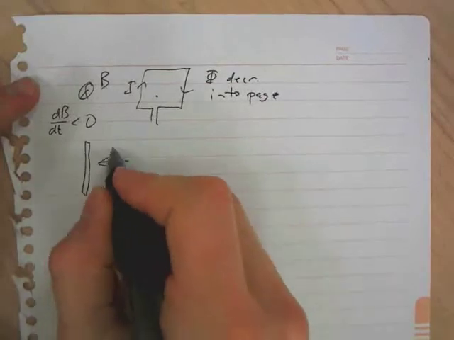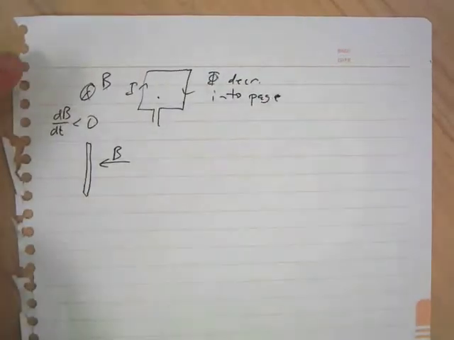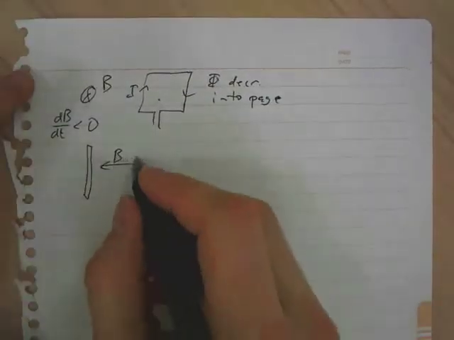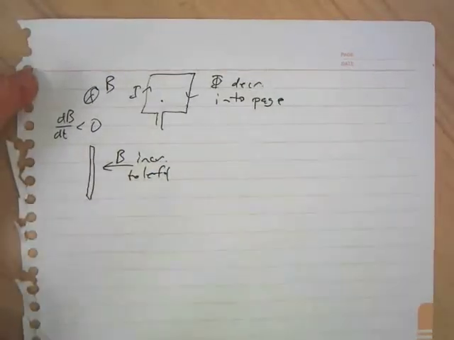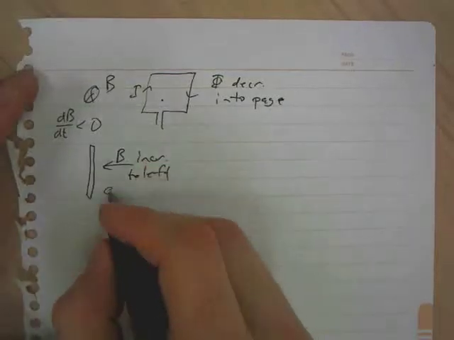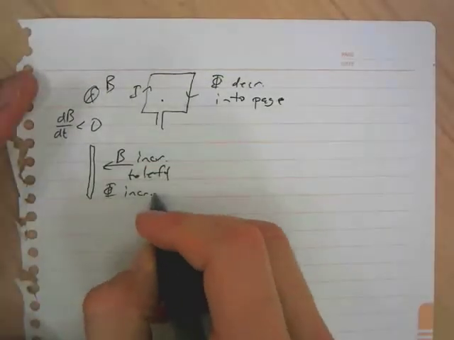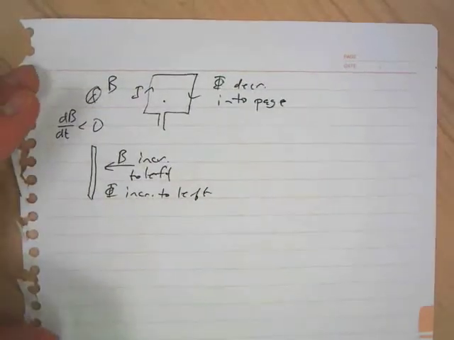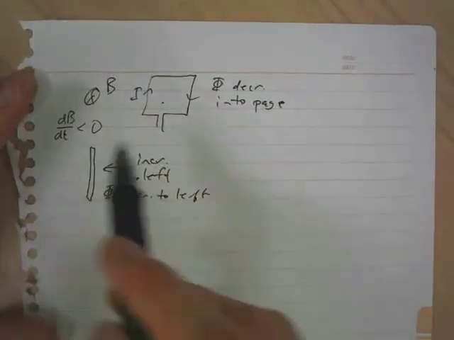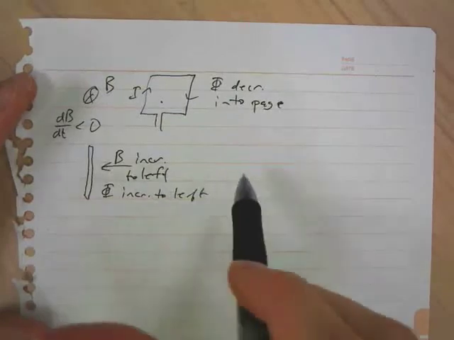Let's say we've got a B field going to the left, and that B field is increasing. That means that the flux is also increasing to the left, which the wire wants to oppose.